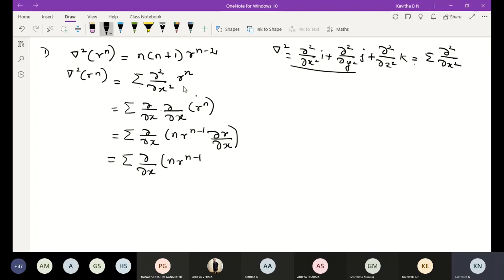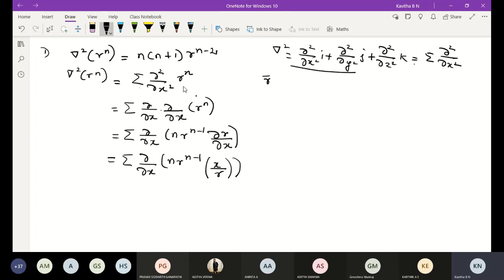In the previous class I told, no, what is del r by del x. Del r by del x, previous problem, is nothing but x by r. Okay, x by r. In the previous problem, r vector, we are writing square root of x square plus y square plus z square. Then r square is nothing but x square plus y square plus z square.